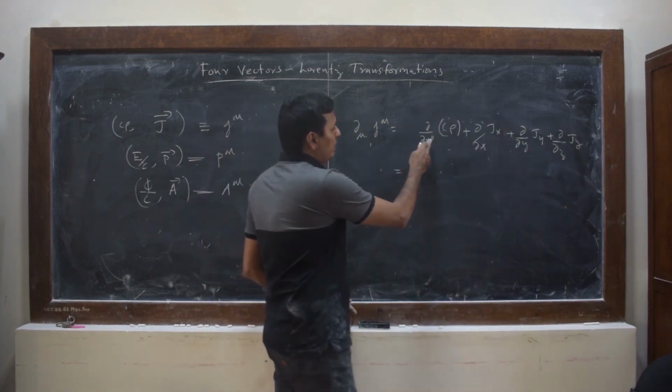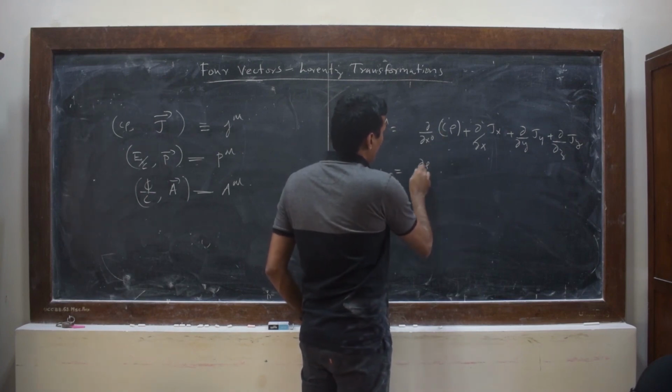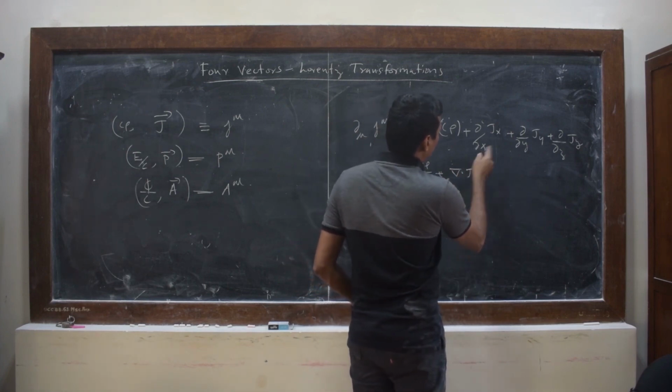I know x 0 is C t, so one of the C's will go away. So, del rho by del t plus del dot j.